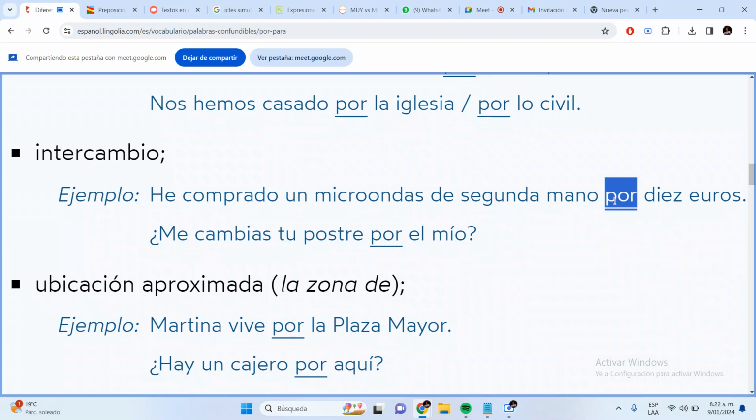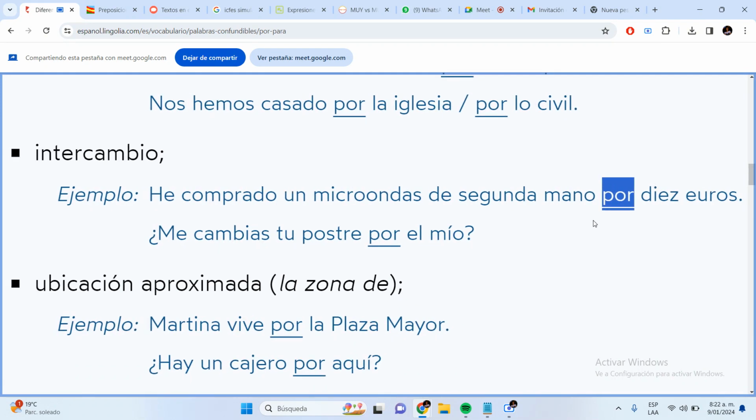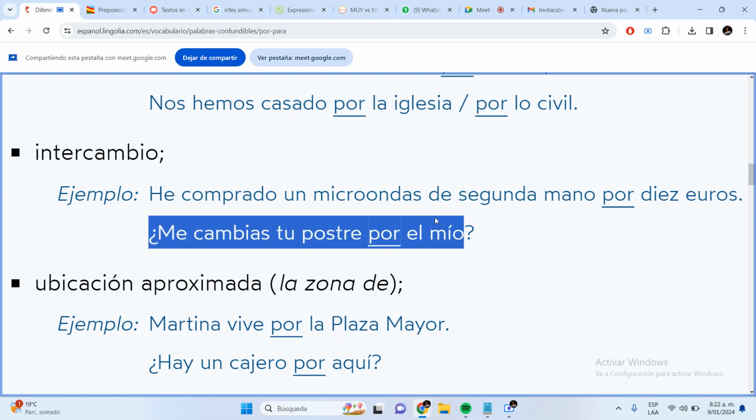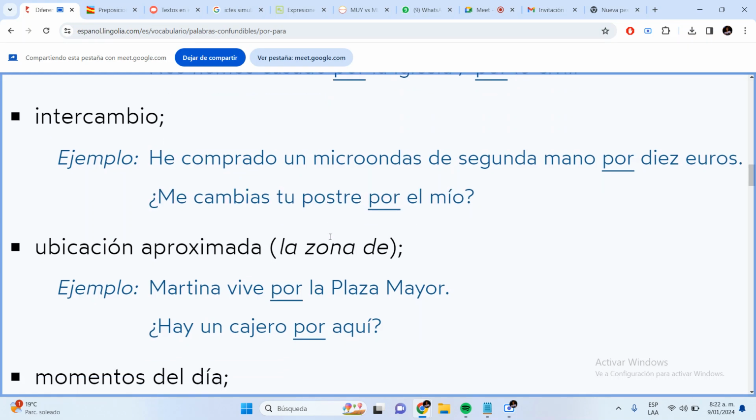So for example, we have he comprado un microondas de segunda mano por 10 euros, because I gave 10 euros and I received a microwave. Also, me cambias tu postre por el mío. Like, can we switch desserts?